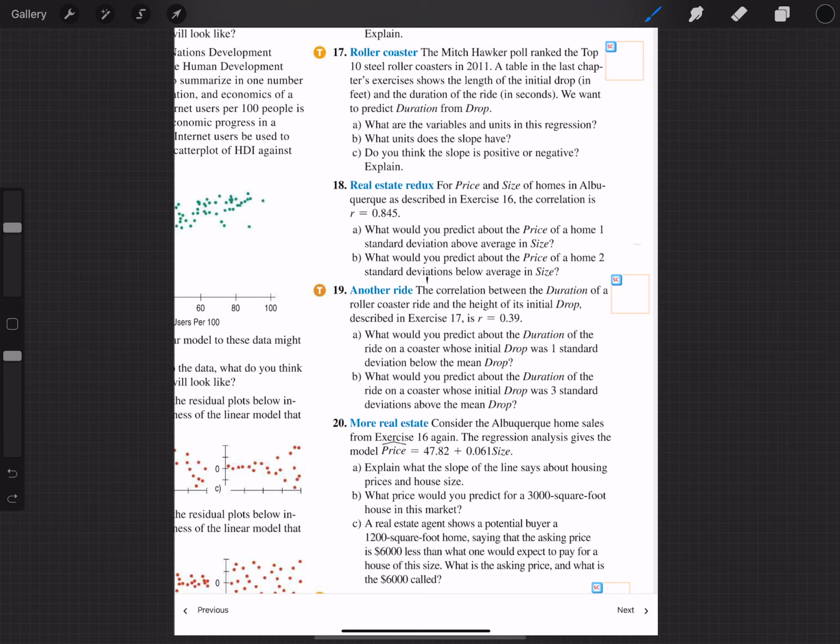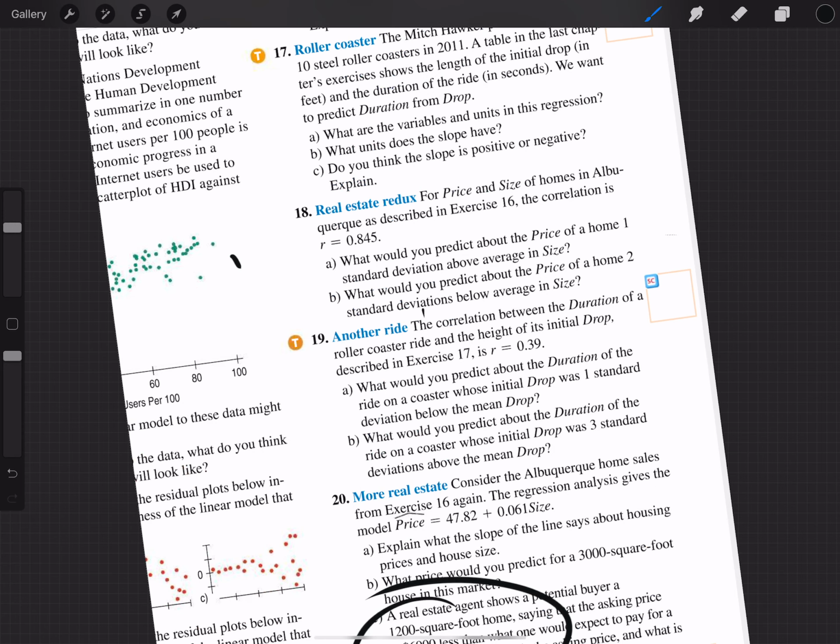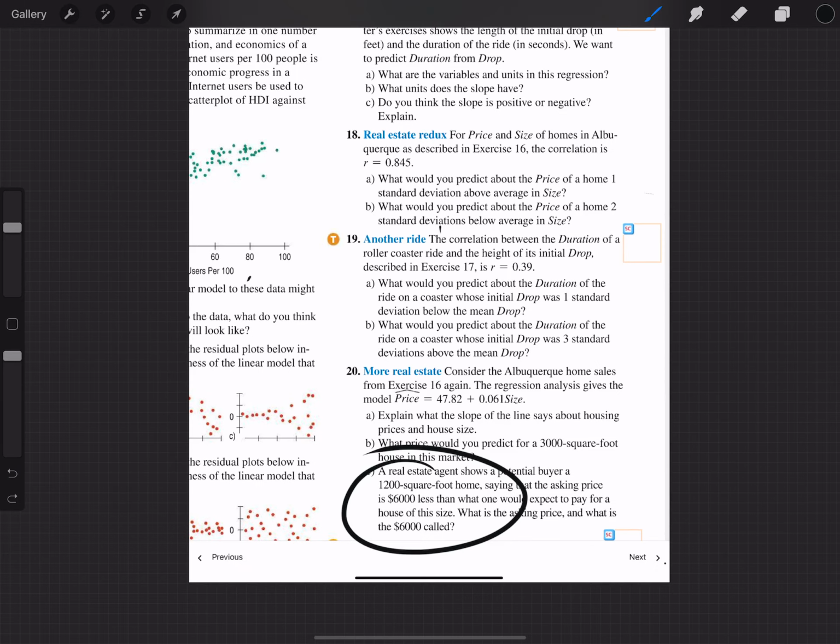What would you predict for a 3,000 square feet house? I would just plug 3,000 in here and then just get a number out. That's nothing too crazy. Okay, this is a little bit more interesting. They're saying that a 1,200 square feet home is $6,000 less than what you would expect to pay.